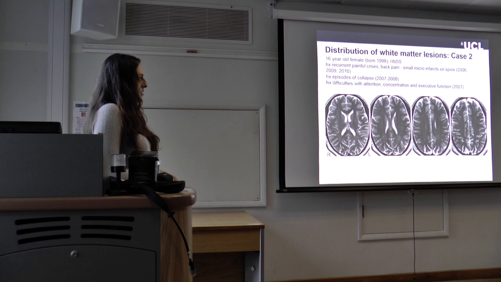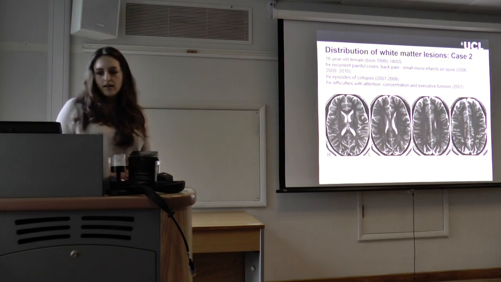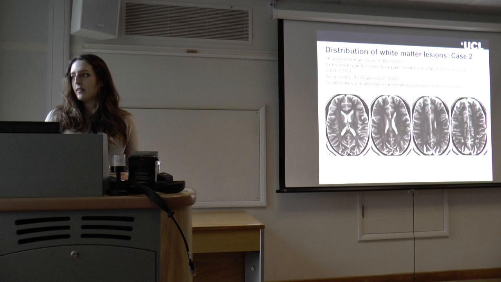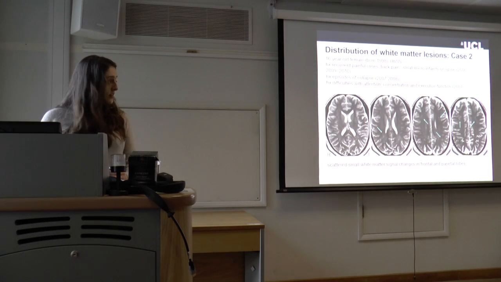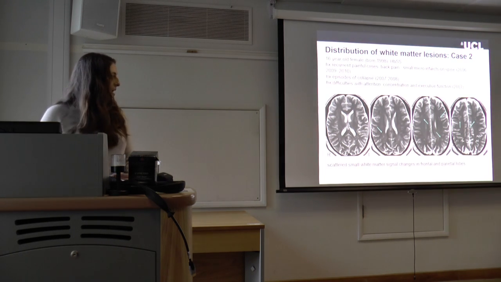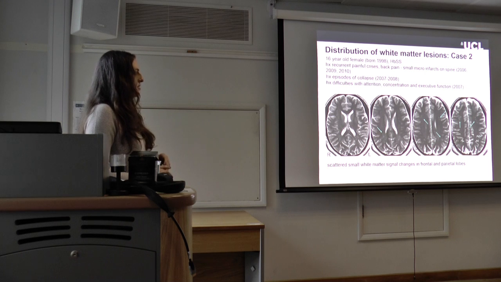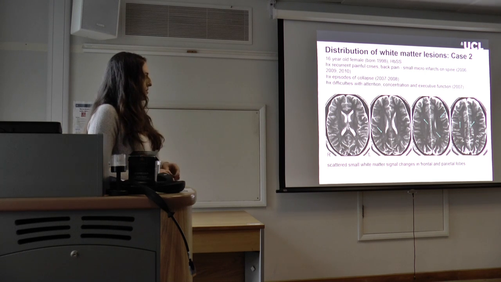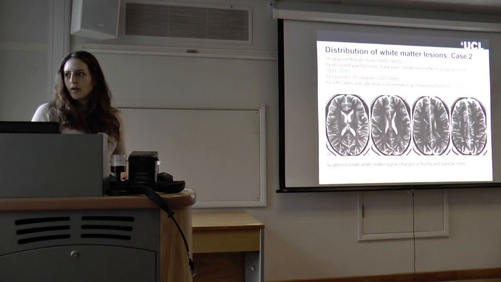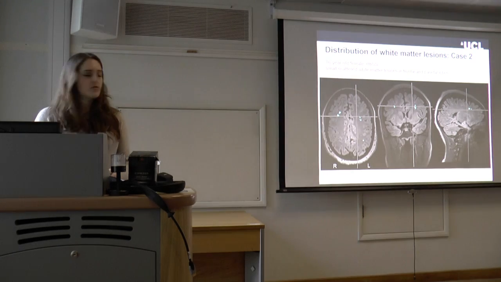So this is her T2-weighted MRI, and the areas of abnormality are here. You can see them. And again, scattered small white matter signal changes in the frontal and parietal lobes. Probably the biggest one here, starting kind of here and going this way. So this is what it looks like when we've traced it on the FLAIR.